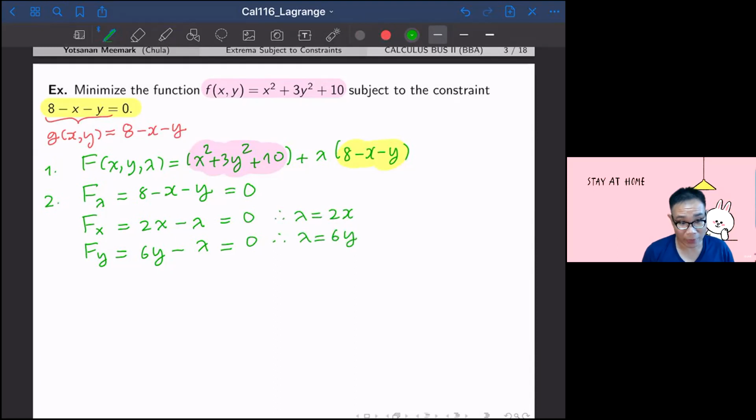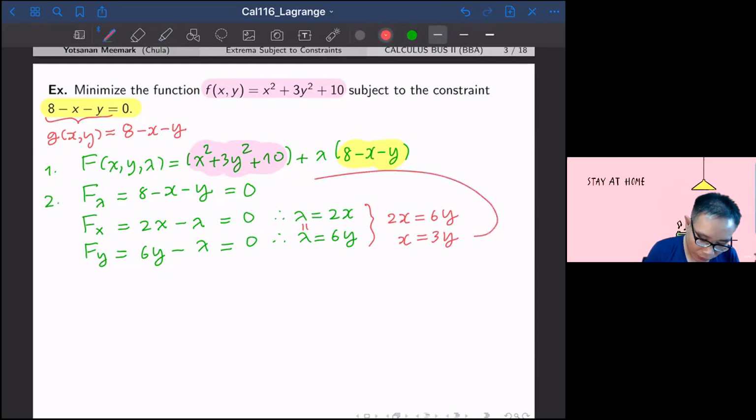The way to solve this one, normally I tell my students, is you just solve for lambda. So you have lambda equal to 2x and lambda equal to 6y, and you let them equal. From here, you obtain 2x equal to 6y, and you would have x equal to 3y. Then you plug this into the constraint.